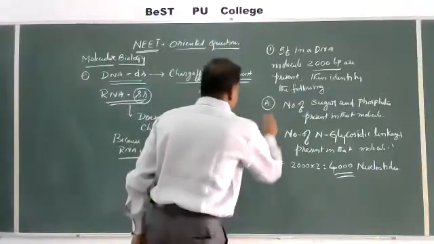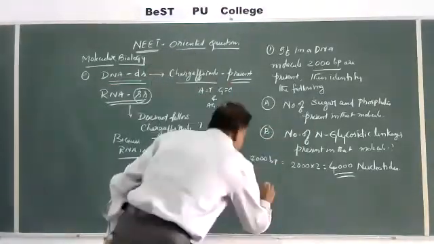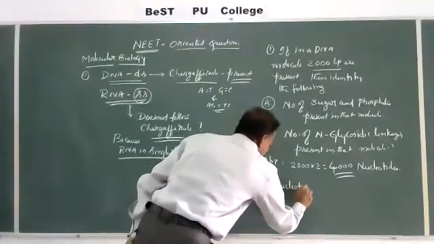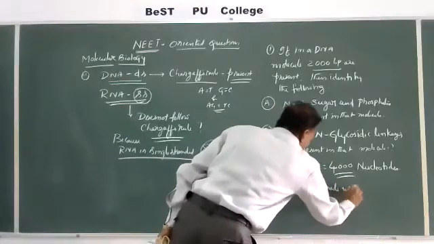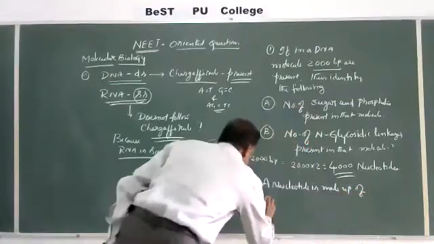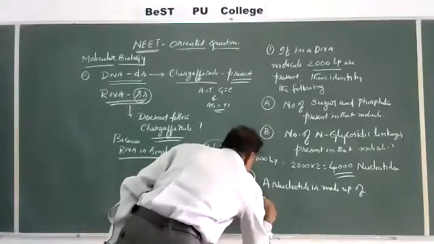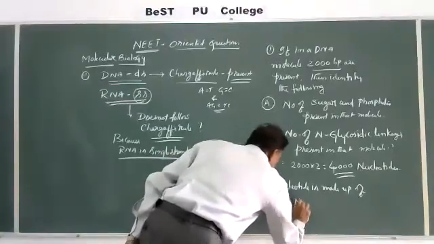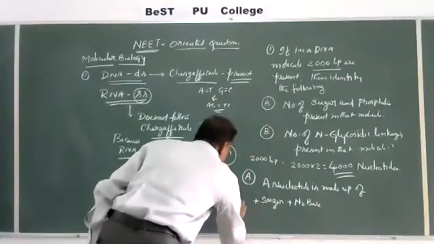So for option 1, the number of sugars: a nucleotide is made up of sugar, nitrogen base, and phosphate.